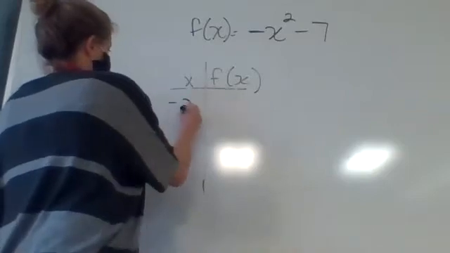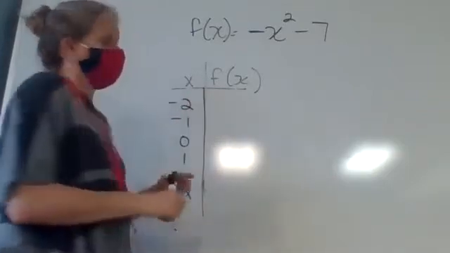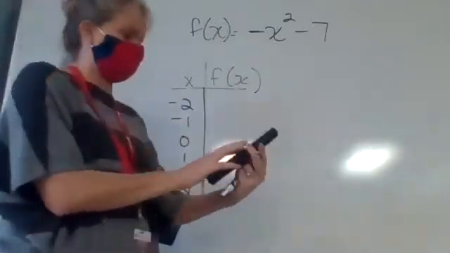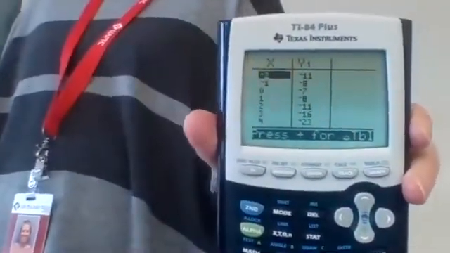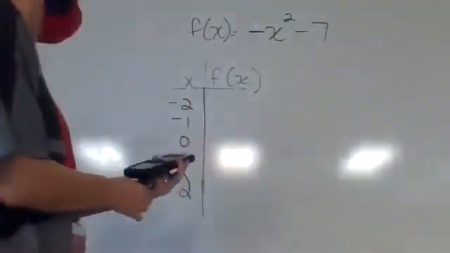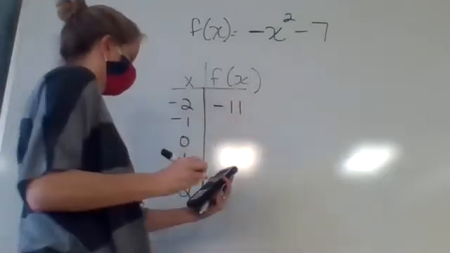Forgot to look. I think it's negative 2, negative 1, 0, 1, and 2. So what's going to make that upside down U? Go to second graph again. There's your chart, or your table. So negative 2 goes with negative 11.